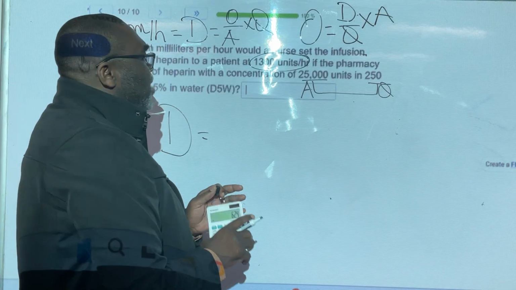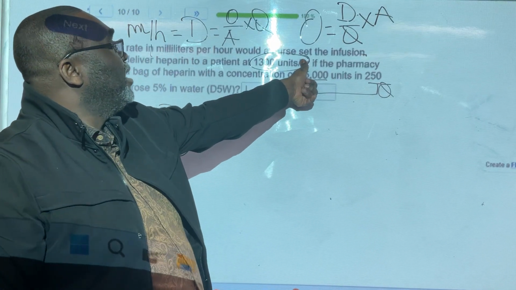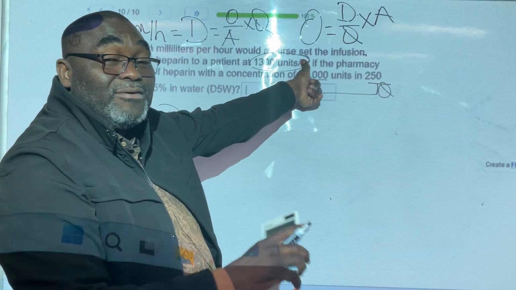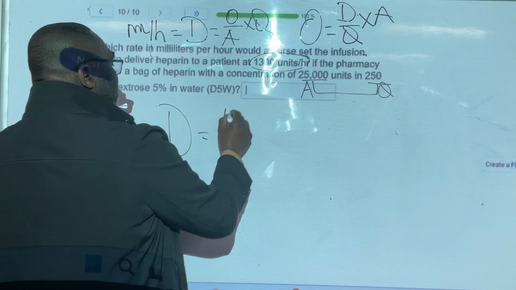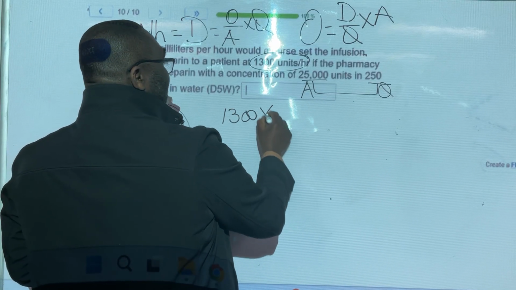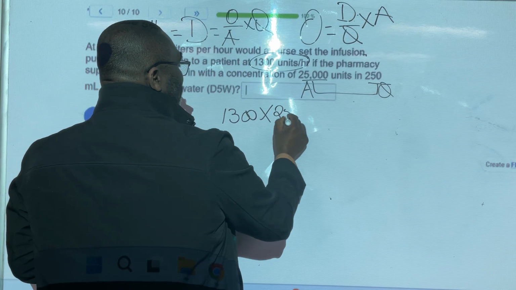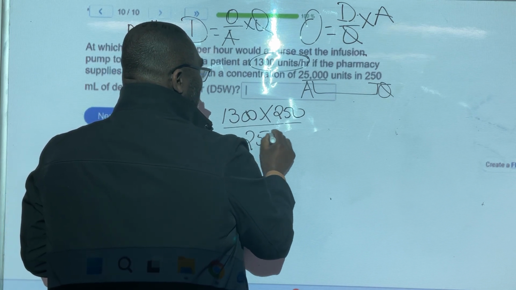If this is bothering you, get your thumb and hide the edge. If you hide the edge, you're going to see the layout of a simple dosage calculation. So now we're going to do 1300 because it's your order. You multiply that by quantity, which is 250, divided by your available, which is 25,000.